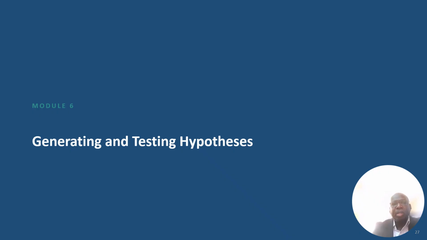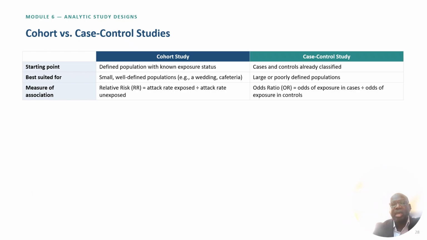Generating and testing hypotheses, as I mentioned earlier, comes mainly after gathering and analyzing the data. How do we come out with this? We come out with it through cohort versus case-control studies. Both together may be part of identifying the hypothesis. We have to conduct cohort studies and case-control studies.